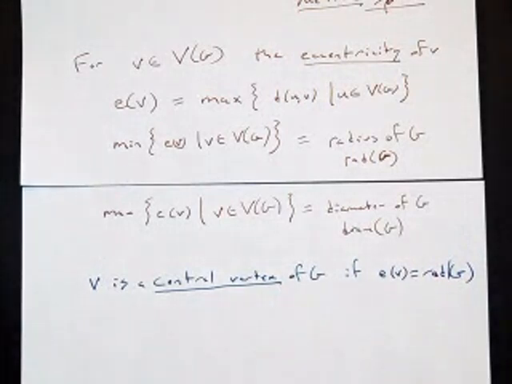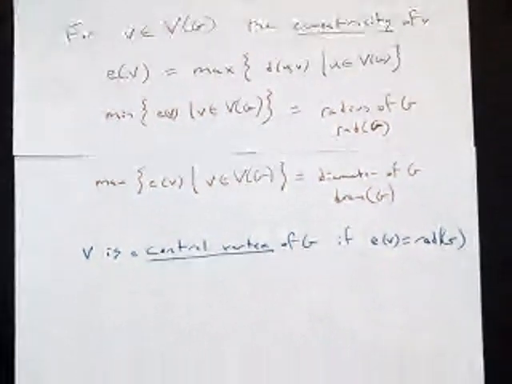Any vertex whose eccentricity is the minimum is called a central vertex. The subgraph of these vertices is the center of my graph.